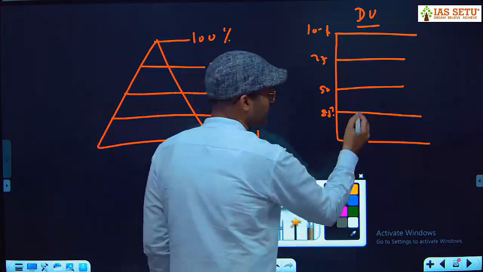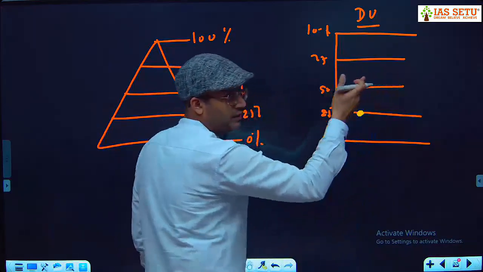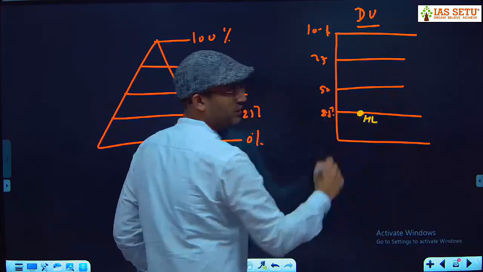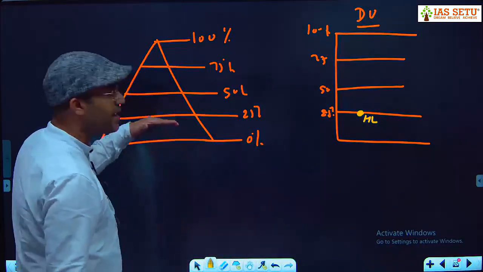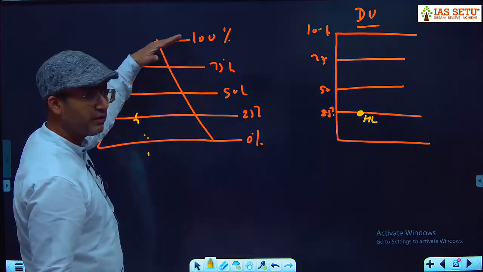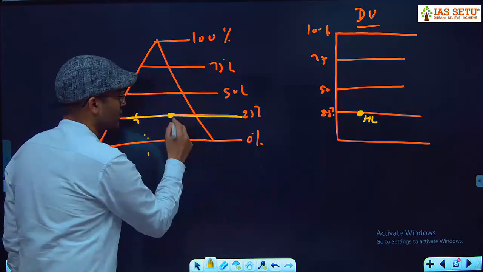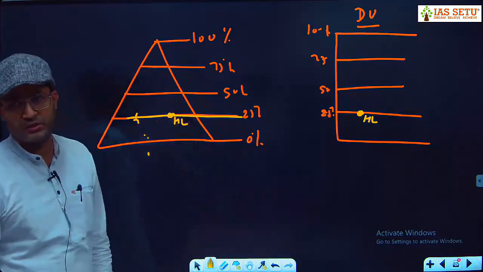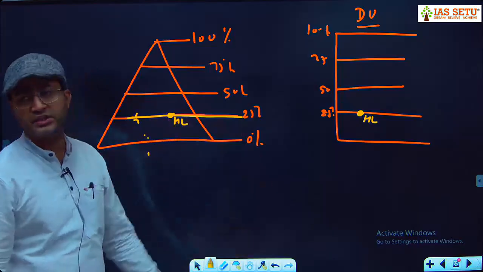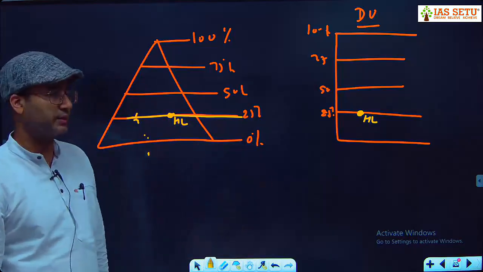So how we represent? We represent here on 25%. This parallel line represents your scale, so it is Hindi literature subject. Same here. This is your scale, 0, 25%, 50, 75, 100. So here on this line 25% we can represent Hindi literature. So that we can read Hindi literature, 25% students, they have Hindi literature as their subject.